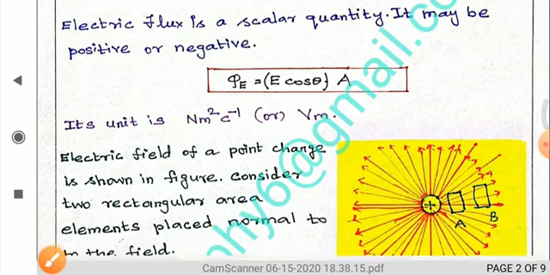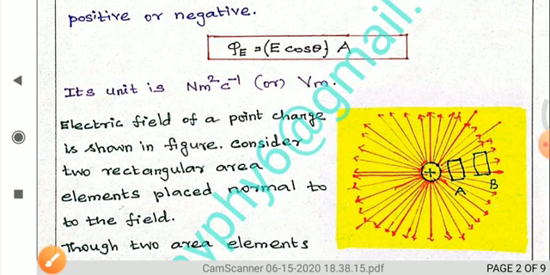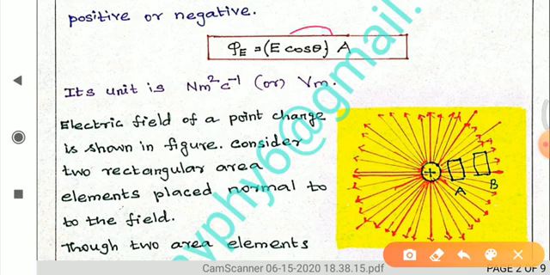Cos theta is the cosine of the angle between, because this is an important factor. It can decide whether the flux is there or not. Depending upon the cos theta value only, we can say whether the flux is positive or negative, or the flux value is equal to 0.